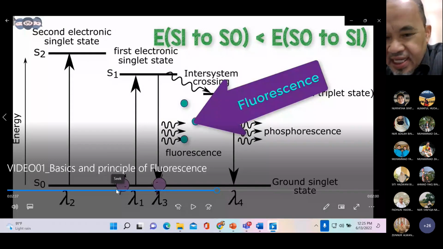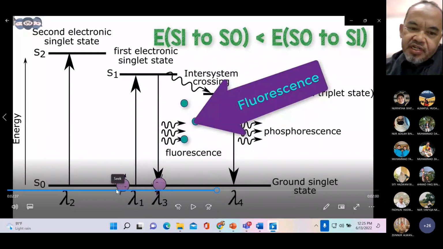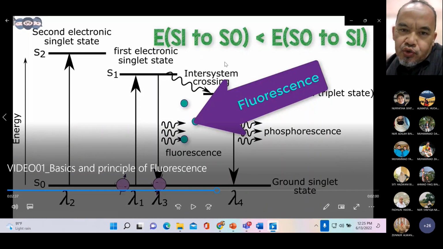Triplet, the same spin, like being explained in the video just now. So it's going to cross from singlet S1 to triplet T1. So this can only happen if we want phosphorescence to occur. Phosphorescence is going to involve the intersystem crossing.